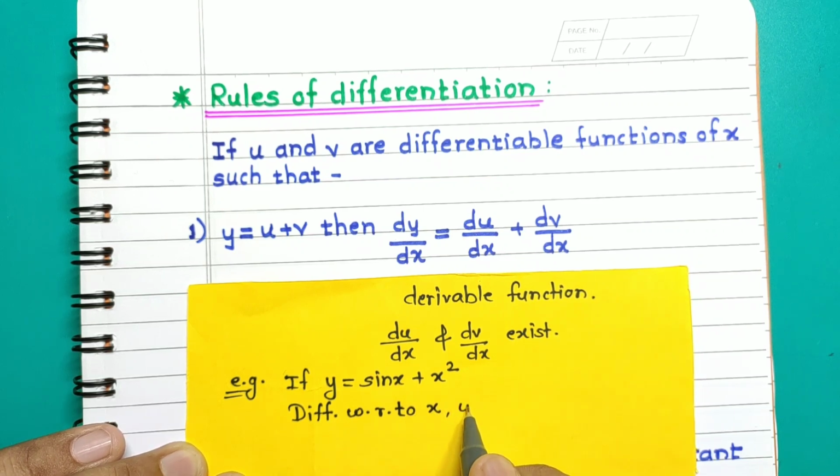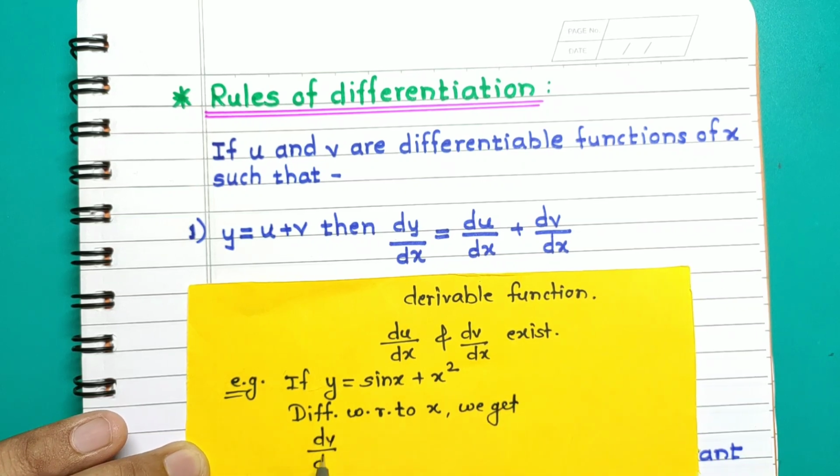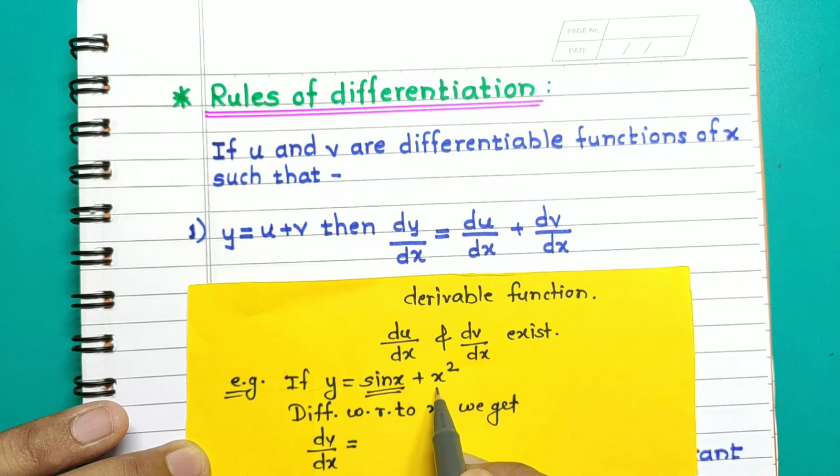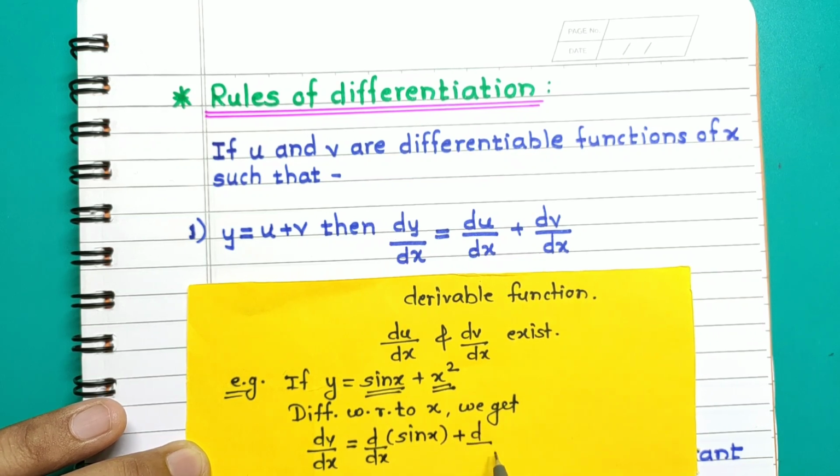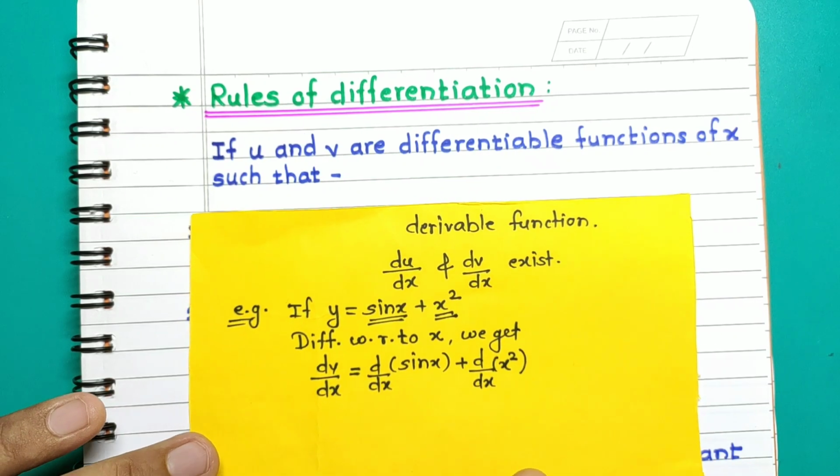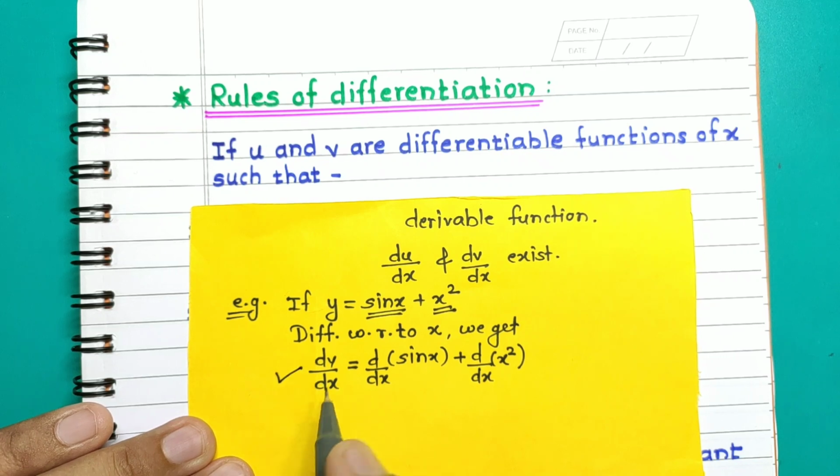We know that y is the sum of these two functions, sin x and x square. So its derivative dy by dx is the sum of the derivatives of these functions. That means derivative of sin x plus derivative of x square. So we have applied the rule at this step.